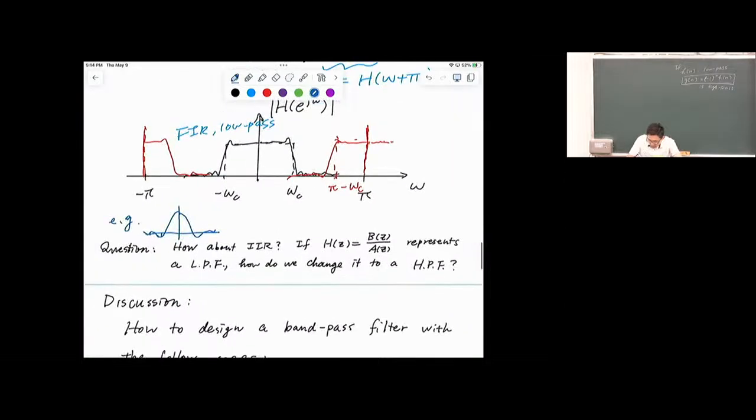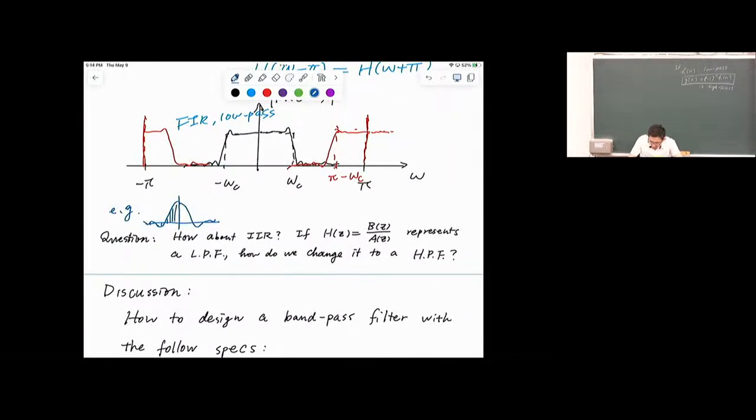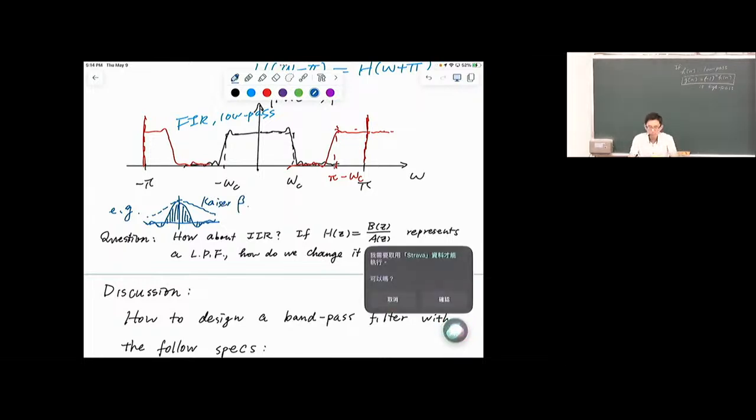You can multiply your ideal low pass response with a Kaiser window with beta.